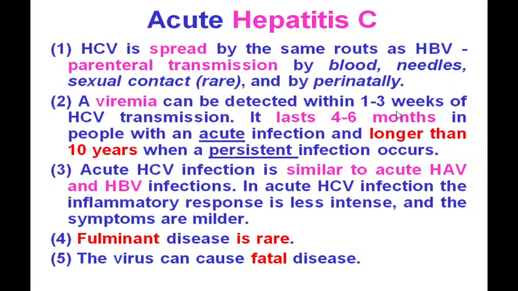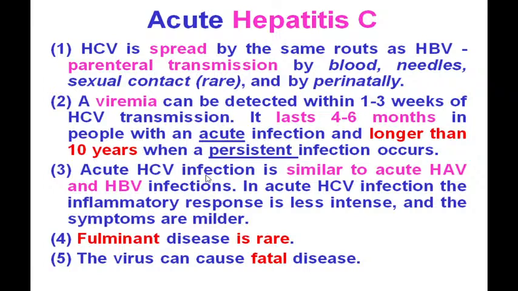Viremia can be detected within 3 weeks of the transmission. And the viremia may last for a very long while in people with acute infection, or even longer in people with a persistent infection.